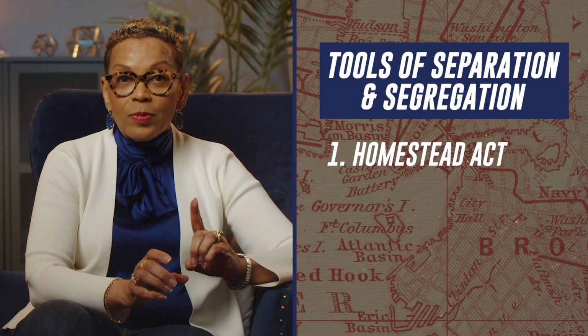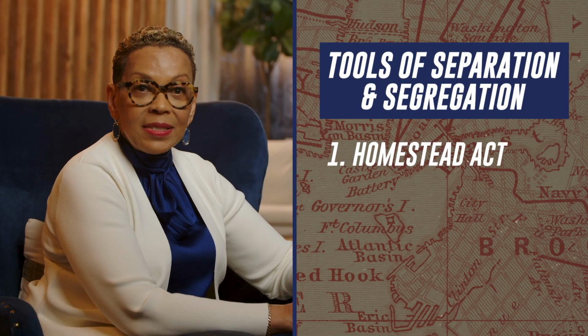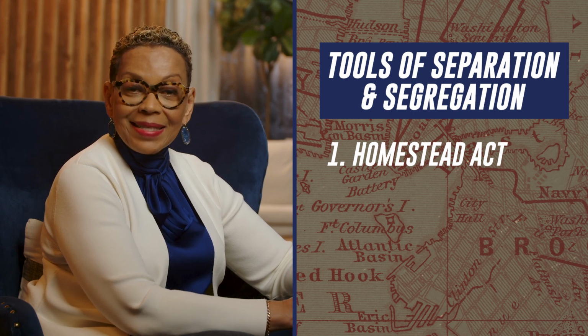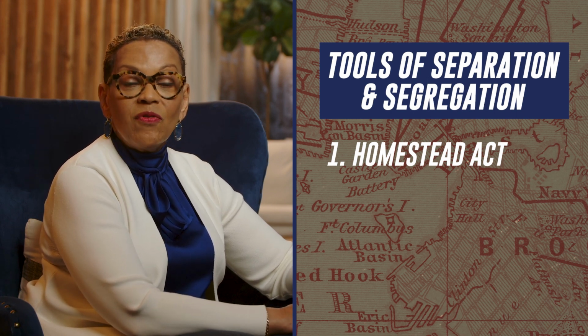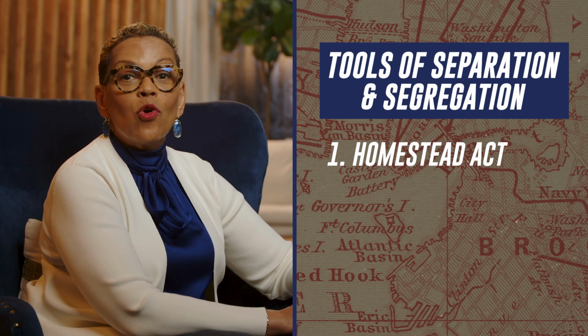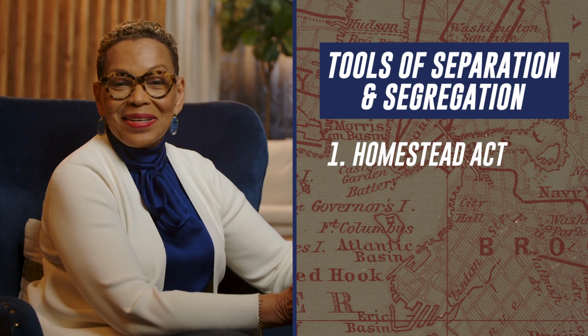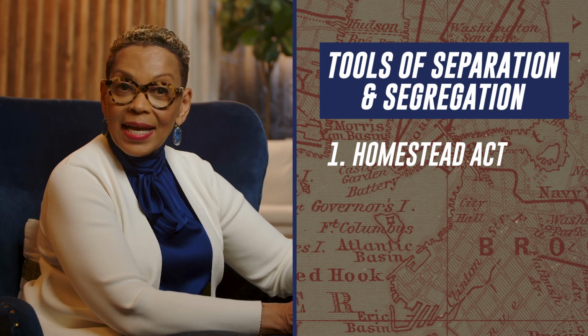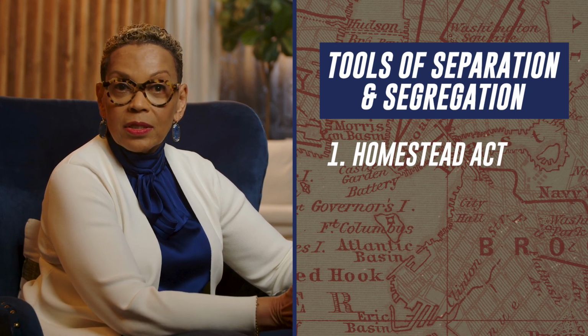First, the Homestead Act. The Homestead Act was a federal law passed in the 1800s that provided the opportunity for pioneers to move to certain parts of the new territories and to claim land as their own. However, that act only applied to people who were white.